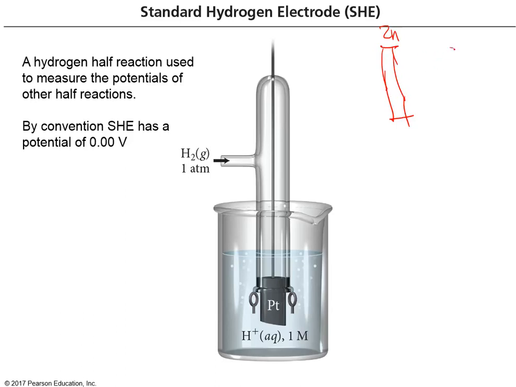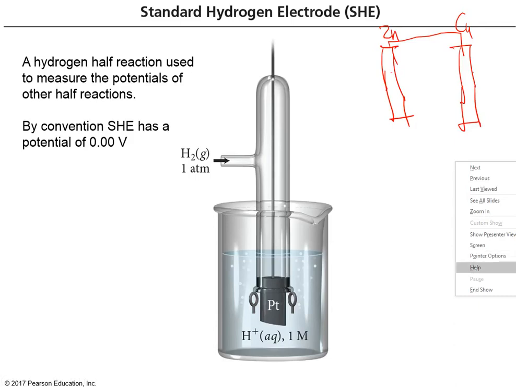So in this case, I'm using copper and connecting the two. I will measure the potential of zinc in relation to copper, or the potential of copper in relation to zinc. But I cannot measure the potential of one electrode only. That is impossible.